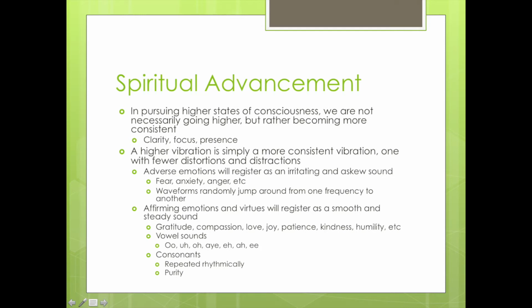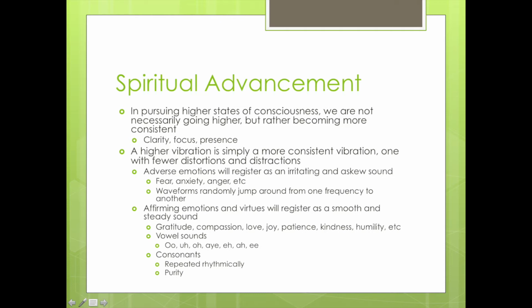So a higher vibration is simply a more consistent vibration, one with fewer distortions and distractions. And the adverse emotions are going to register as an irritating and skew sound. So for example, fear, anxiety, anger, those waveforms are going to randomly jump around from one frequency to another.